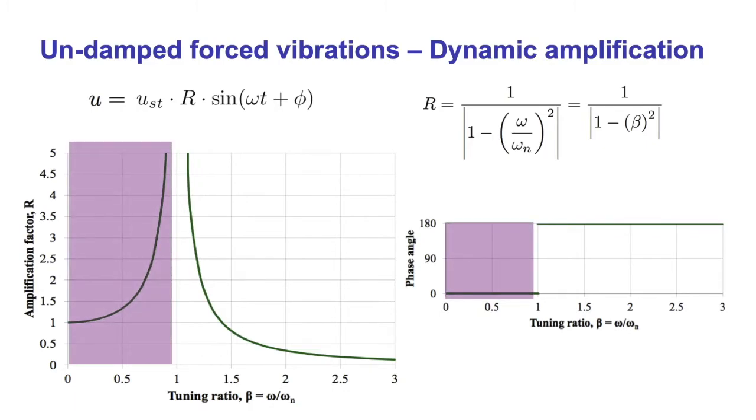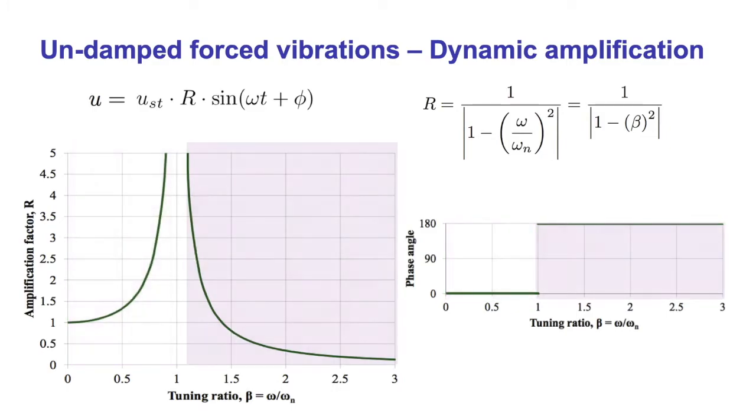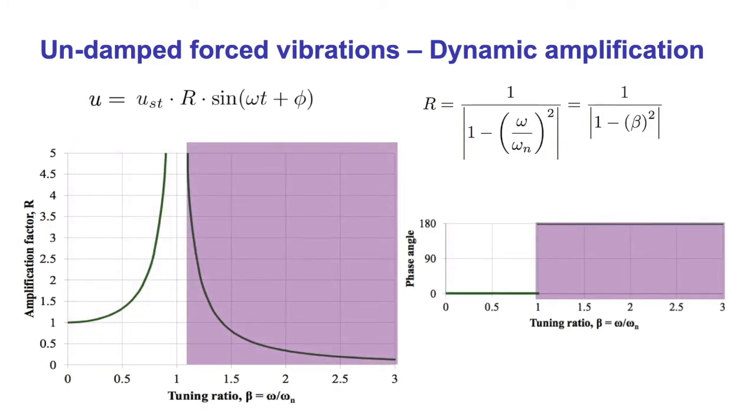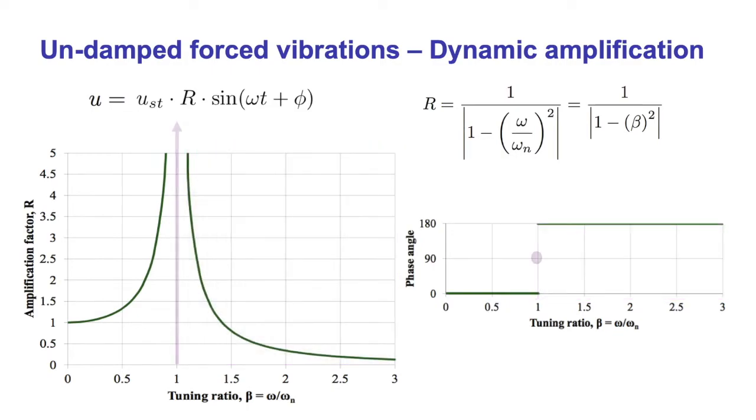A first case, when beta is lower than 1 and the response of the system is in phase with the external force. A second case, when beta is larger than 1 and the response is 180 degrees out of phase with the force in action. And a third case, when the frequency ratio is equal to 1, the response is unbounded and the system is said to be in resonance with the force in action.